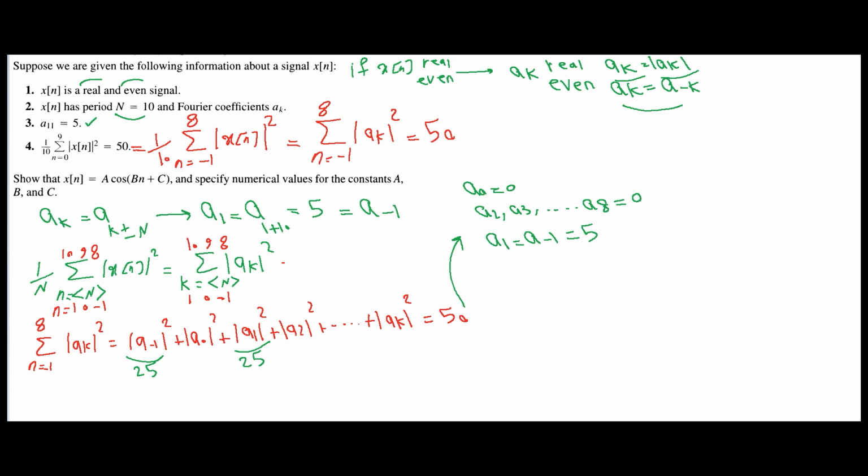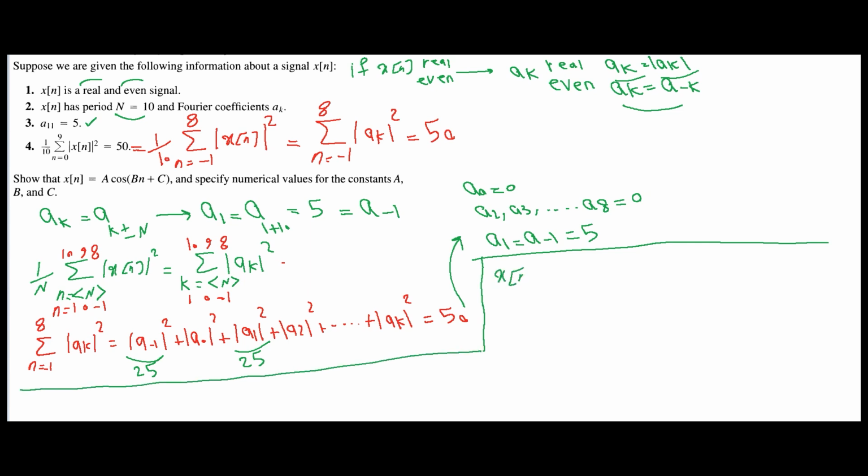In particular, a_0, a_2, a_3, and all the remaining coefficients within one period are 0. Now let's reconstruct the signal. Recall that any periodic discrete time signal can be written as the summation of a_k multiplied by e to the power of jkω_0 n over one period.